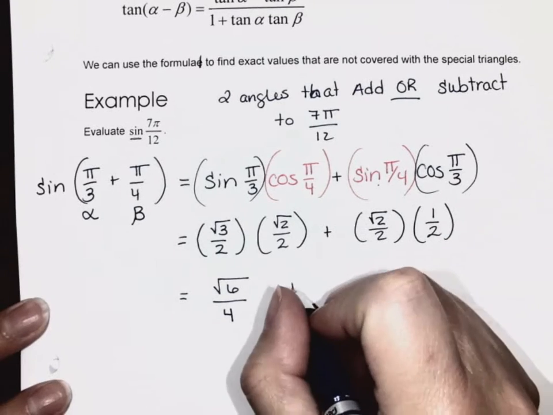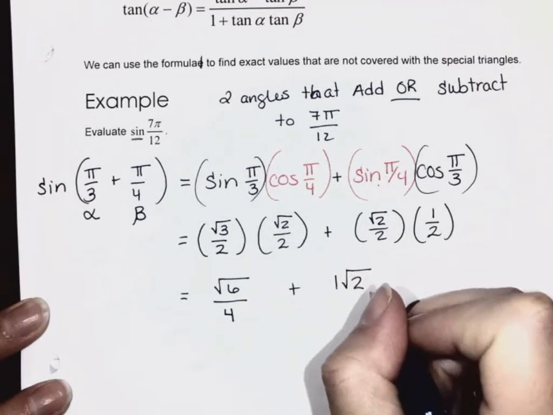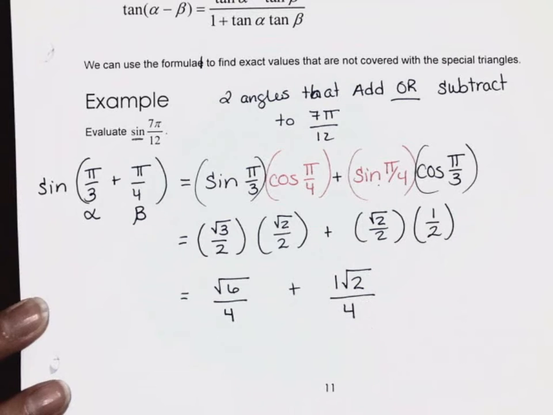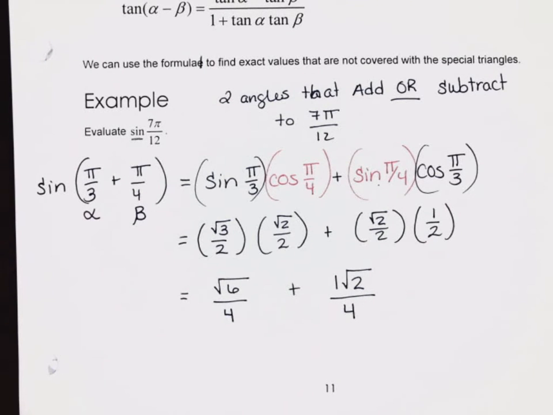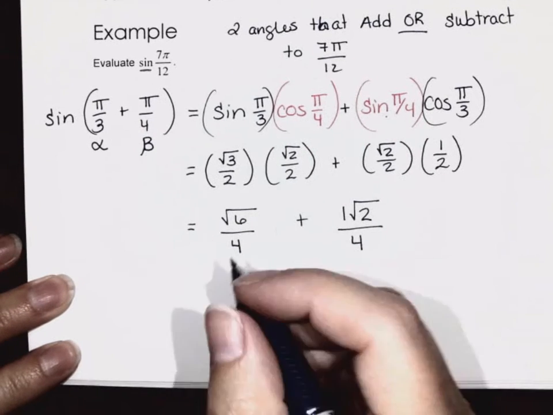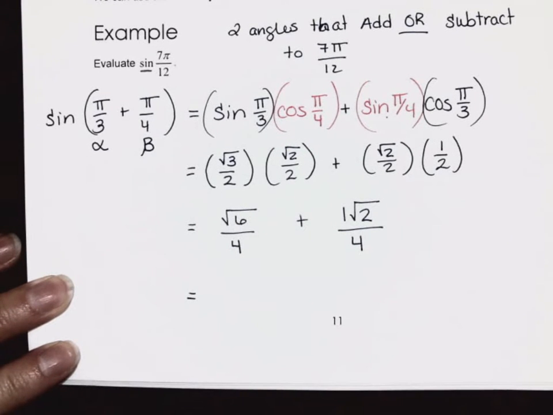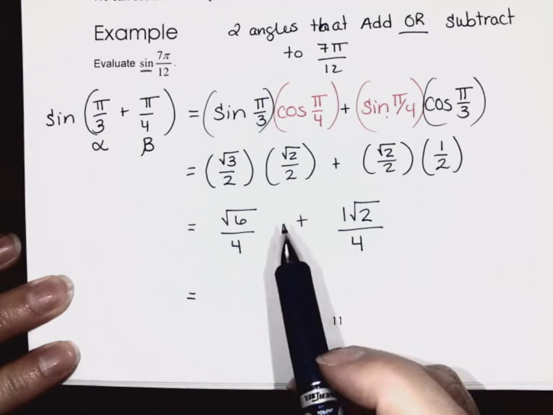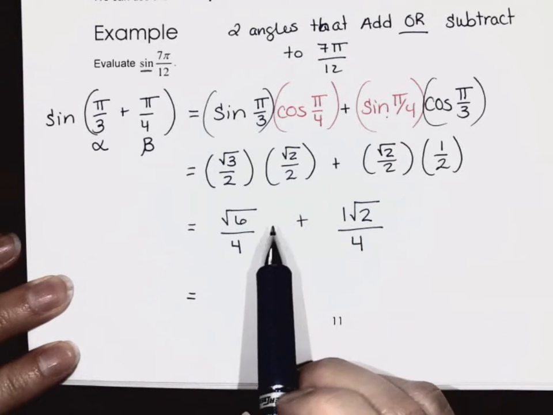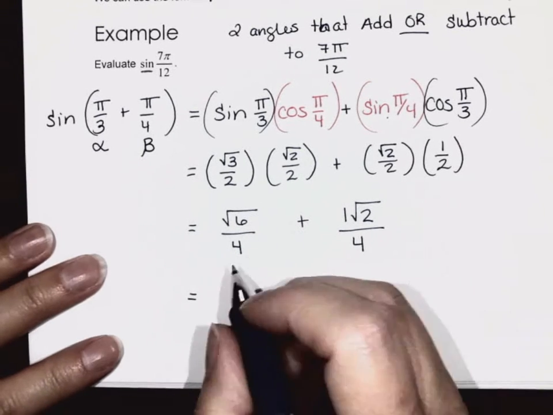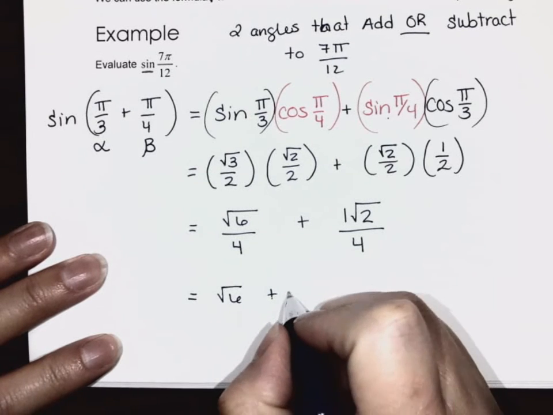So that would be plus 1 root 2 over 4. Did I need to write the 1? I didn't, but I thought maybe we should just know where it goes. They have common denominators, so I can go ahead and add them, but they are not like radicals. They don't have the same radicand, so they have to stay separate.